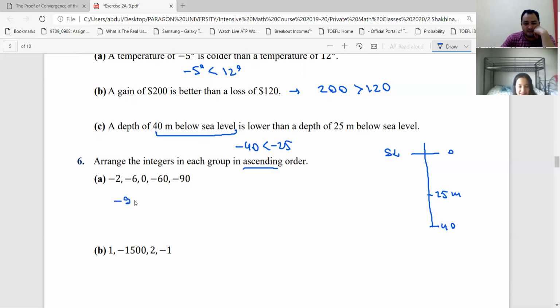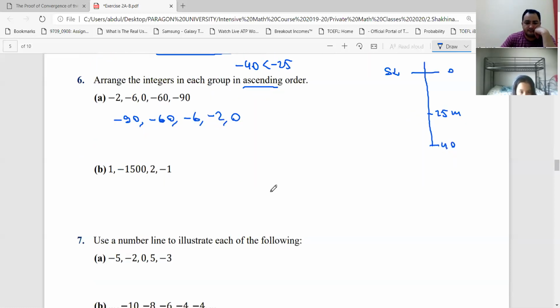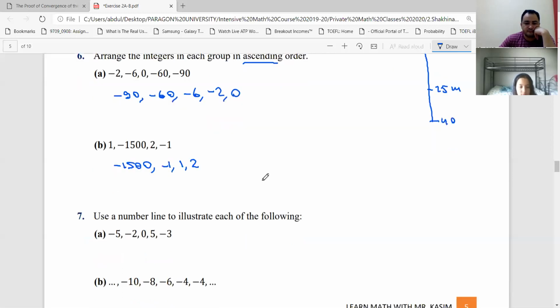Negative 90, negative 60, negative 6, negative 2 and 0. Very good. B. Negative 1,500, negative 1, 1 and 2. Very good.